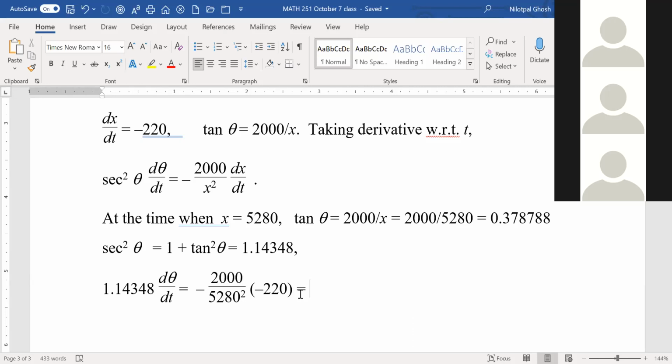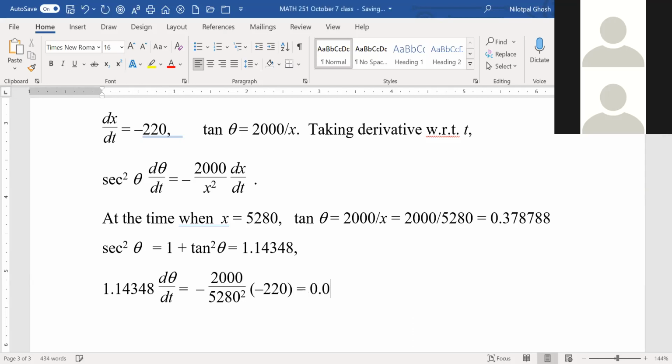And we got 0.0157828, etc. So that is what we got for this calculation.